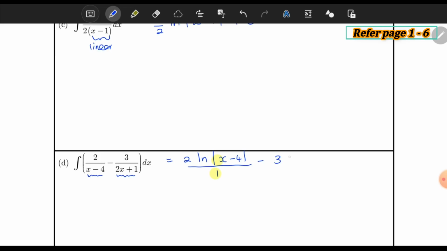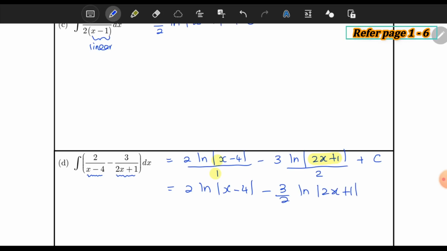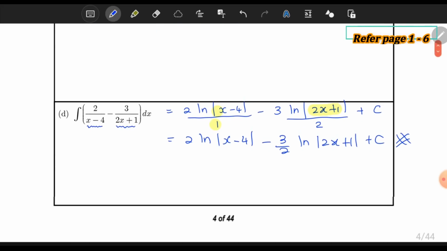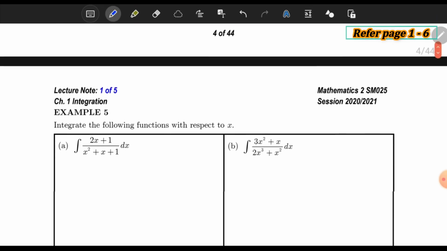Minus 3 ln 2x plus 1 divided by the derivative of 2x plus 1, which is 2, plus c. Or 2 ln x minus 4 minus 3 over 2 ln 2x plus 1 plus c.